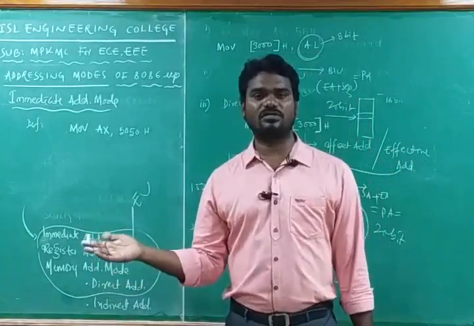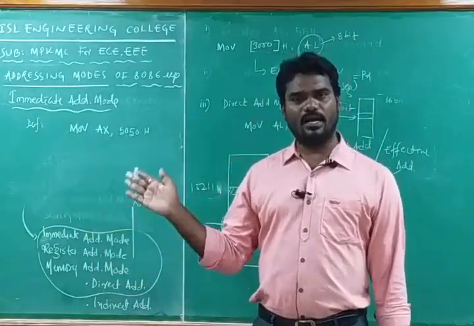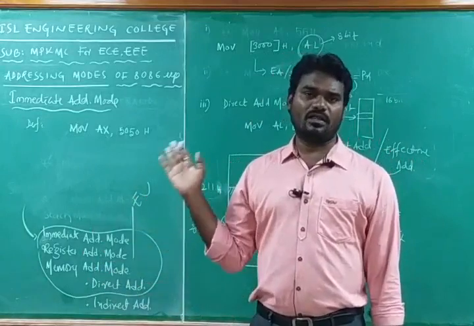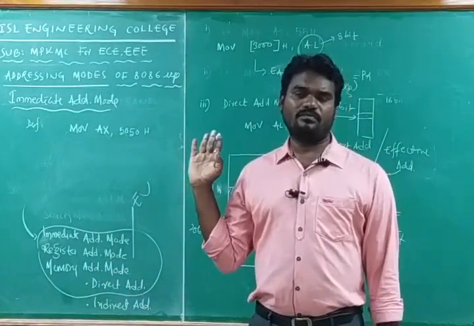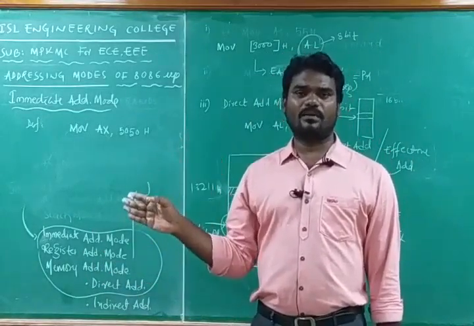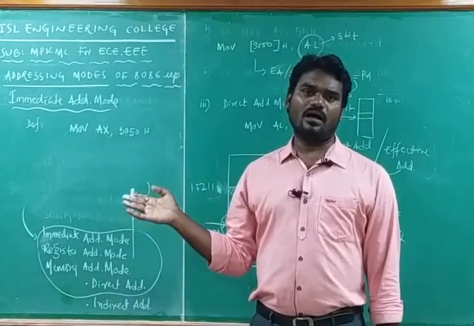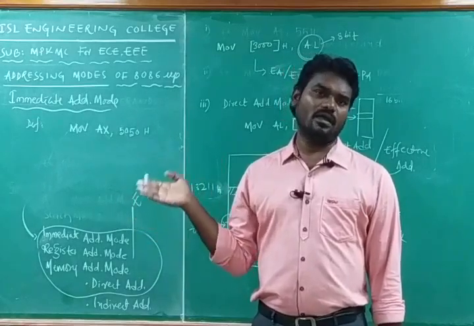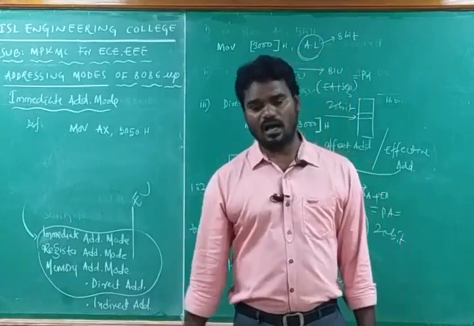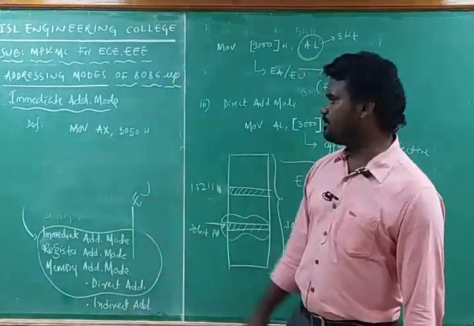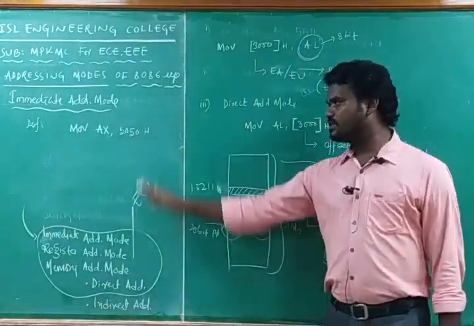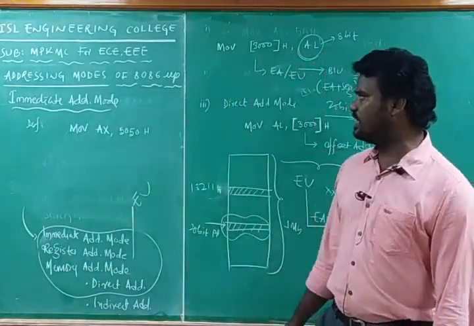In the instruction structure we can have the source operand and the destination operand. Whatever data is there in the source operand will, based on the instruction, be moved to the destination operand. This is about the structure of the instruction and the definition of the addressing mode.